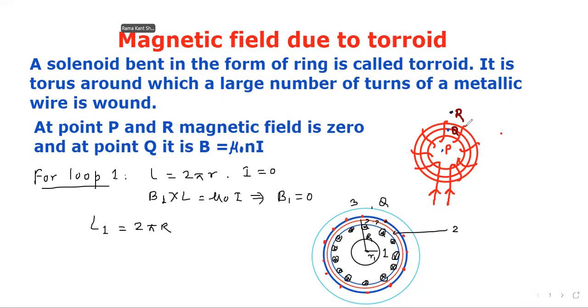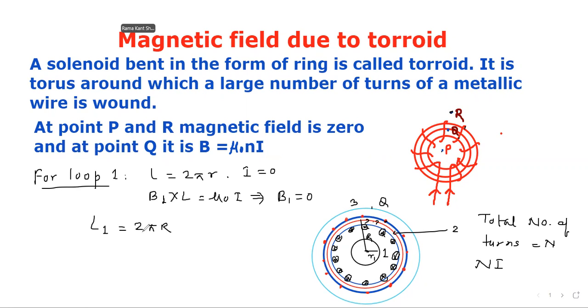So if the wire is wound n times, we can say the total number of turns is, suppose, capital N. So we can say that current will penetrate it Ni times.